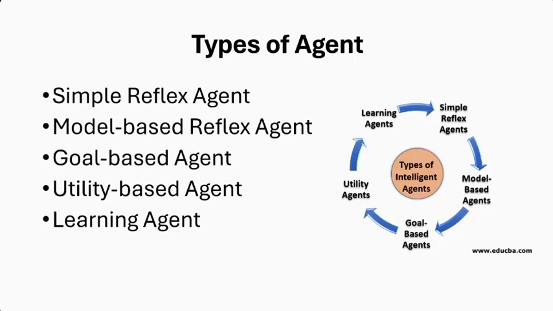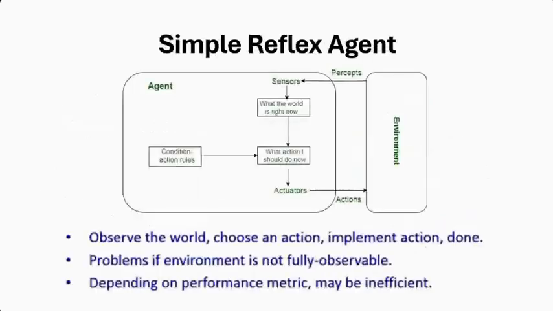Pero dito muna tayo sa simple reflex. The simple reflex agent is among the types considered as the simplest among the forms of agents. They make decisions based on the current percepts and ignore the rest of the percept history.